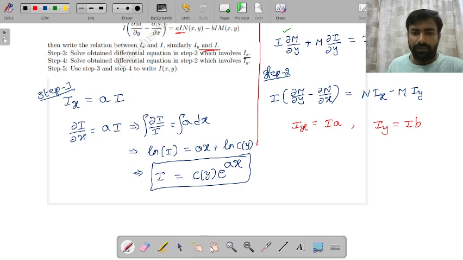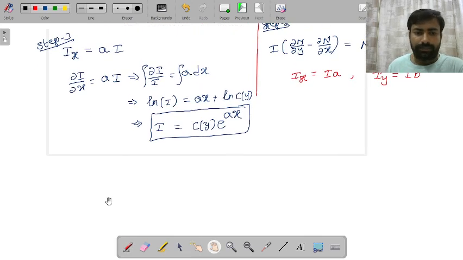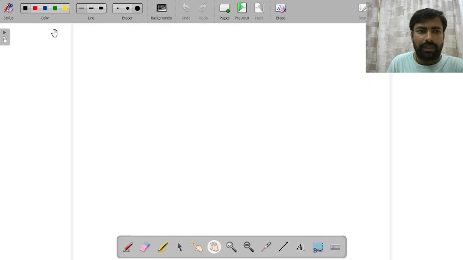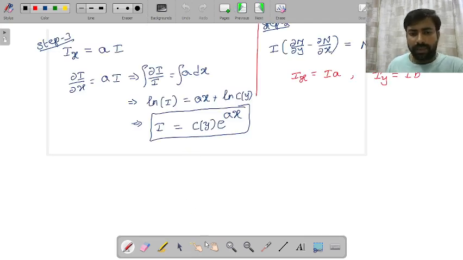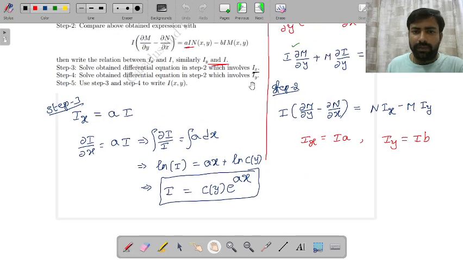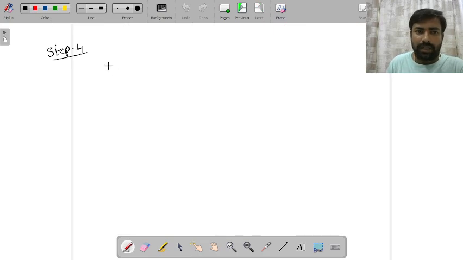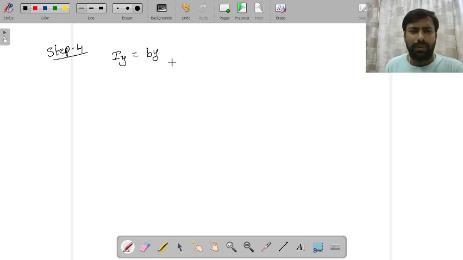And how about step 4? Let me solve it here. Step 4 says solve the equation which involves iy. And what is that? Which is nothing but iy equal to bI. And it is similar to ix equal to aI, right?